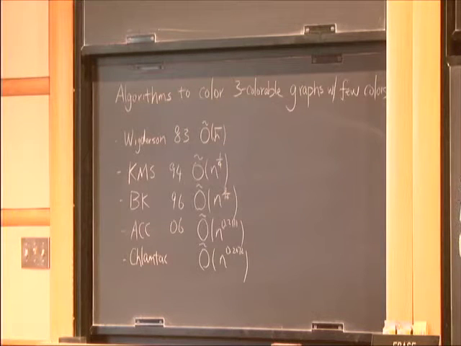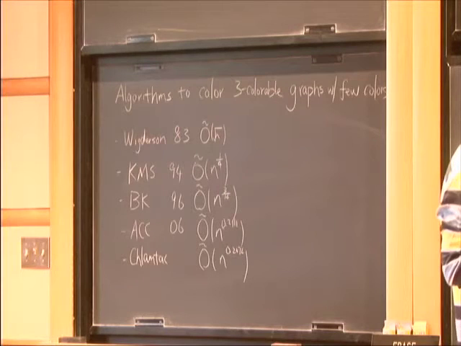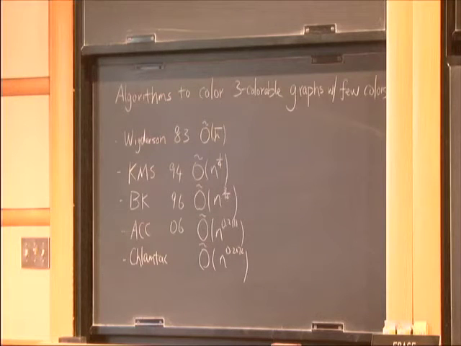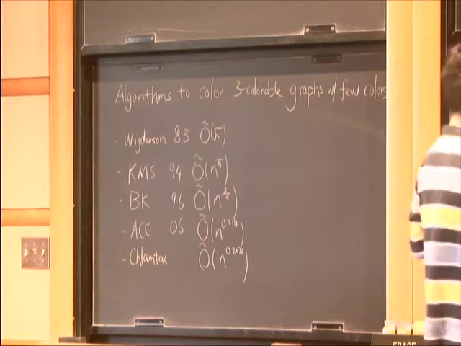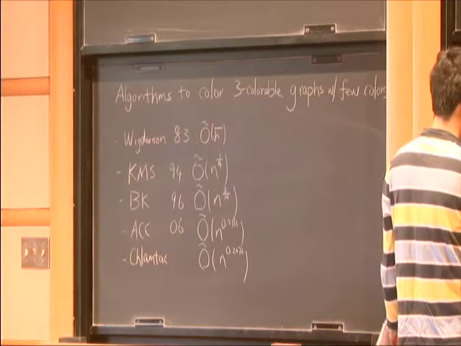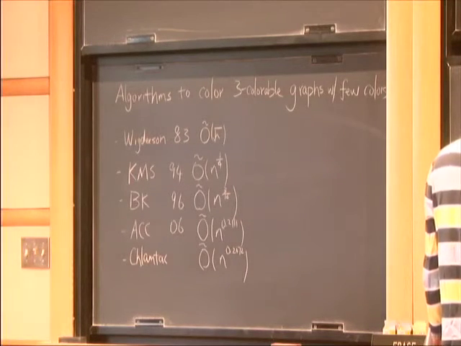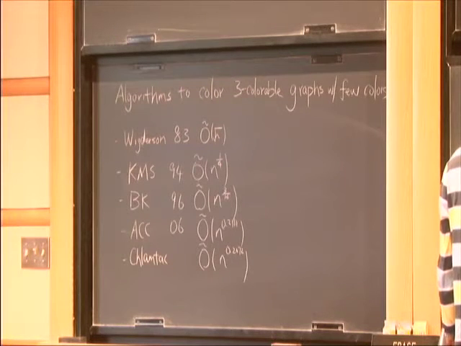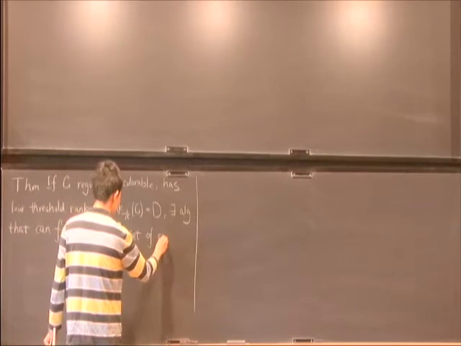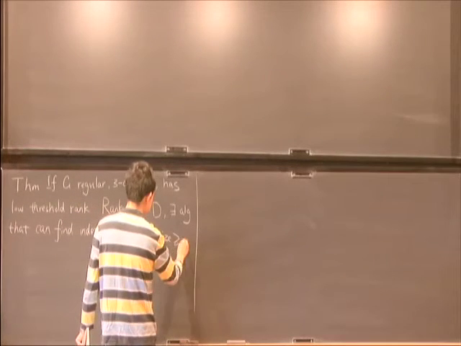So the rank of minus, say, 1/16 of G is equal to D. This is essentially the number of eigenvalues that are smaller than minus 1/16 is D. Then there exists an algorithm that can find an independent set of size at least n/12.